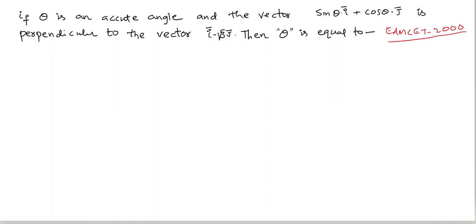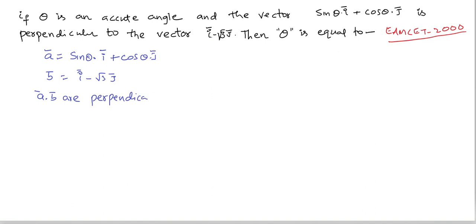Here the first vector is taken as a bar, that is sin theta i bar plus cos theta j bar, and b bar is equal to i bar minus root 3 j bar. These two vectors are perpendicular, so a bar dot b bar is equal to 0.